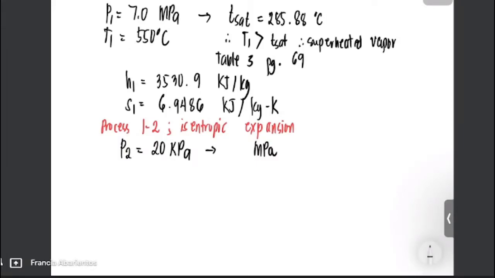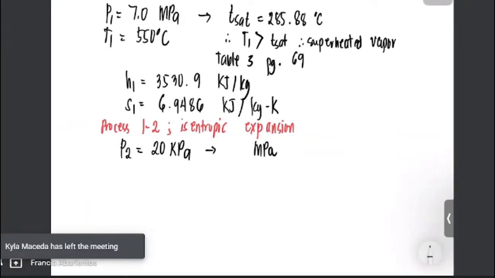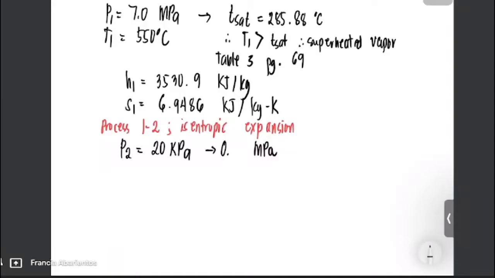Sige nga, walang nag-chat. What is the pressure if we have 20 kilopascal? Anyone? Okay, so we have now 0.02 MPa.